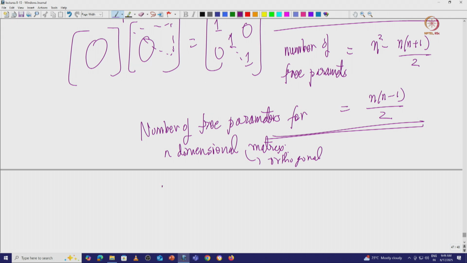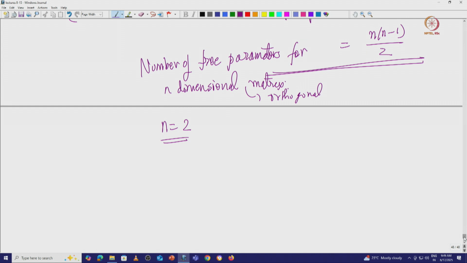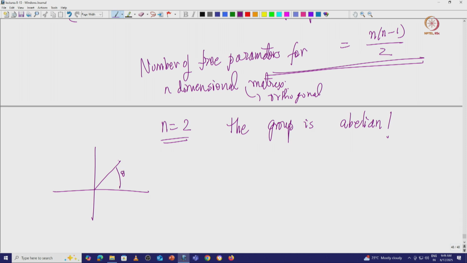So now for n is equal to 2, I said that the group is abelian, in the sense that if you rotate first by theta and then by theta prime, the product is theta plus theta prime.